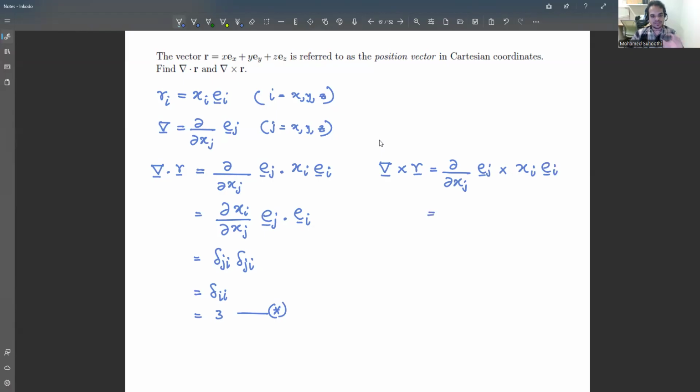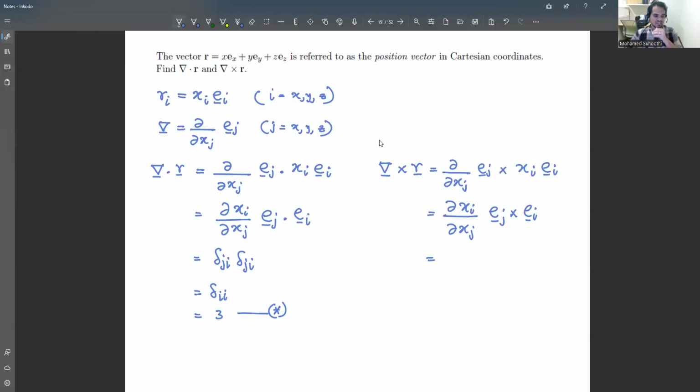Again, same. These two are unit vectors, constant. You can take them out and combine the variable here, dou xi by dou xj. This will be ej cross ei. Again, be careful, right? So this will be ej cross ei.